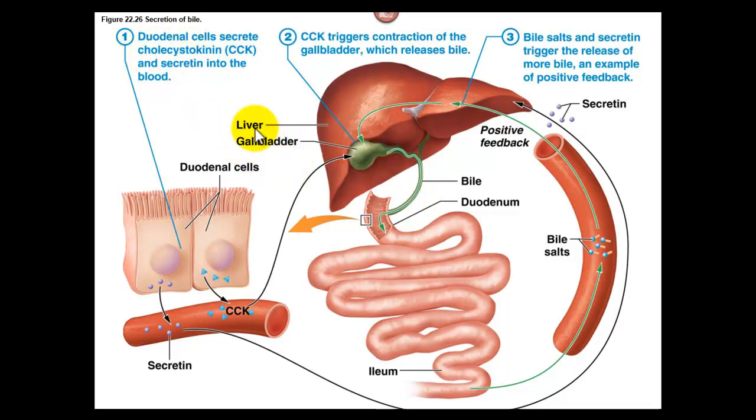And here's secretin, but when acidic chyme that has fat and everything else enters this area, secretin gets released. So that's a sodium bicarbonate hormone. And then cholecystokinin is also produced. And it's showing it coming back around, and it's causing the gallbladder to release bile. Now, cholecystokinin also controls the pancreatic enzymes.